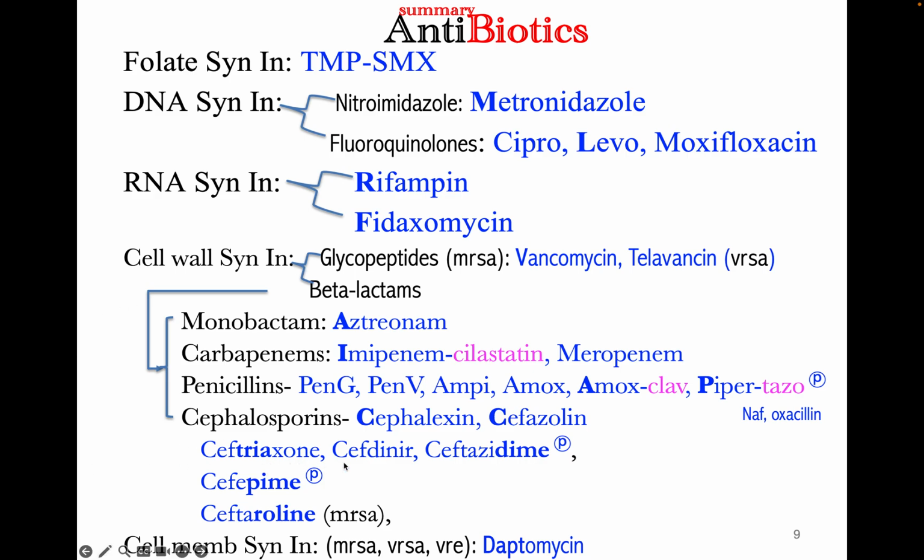And cefdinir, it is a very unique one because that is actually resistant, like a ceftriaxone. It is a beta-lactamase resistant drug, especially the cefdinir. This has less drug interaction because it has a unique structure. Therefore, it is a well tolerated drug.